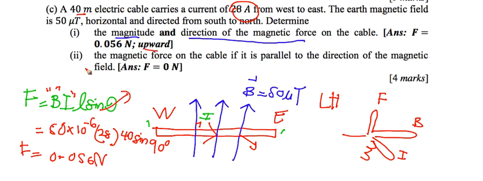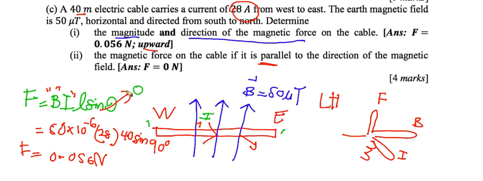And the next, number 2, the magnetic force on the cable is parallel. So meaning the direction of I and B here is parallel, the theta is equal to 0.